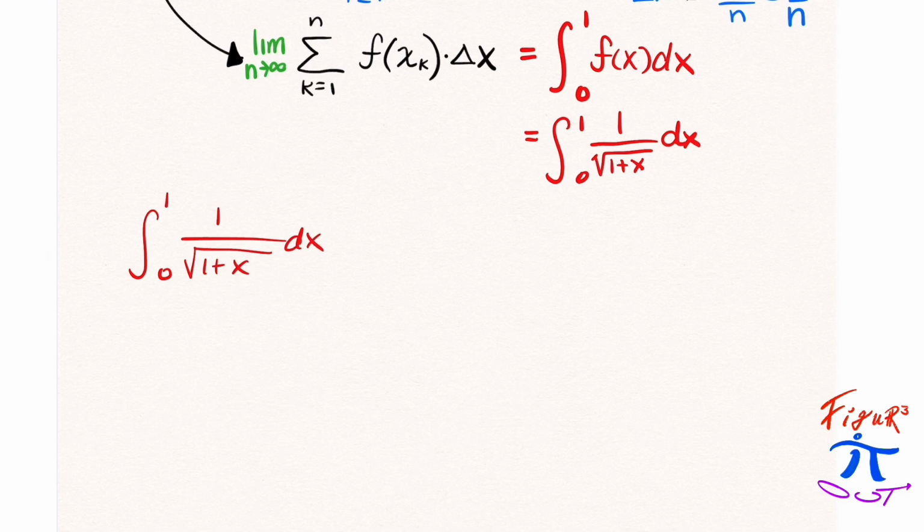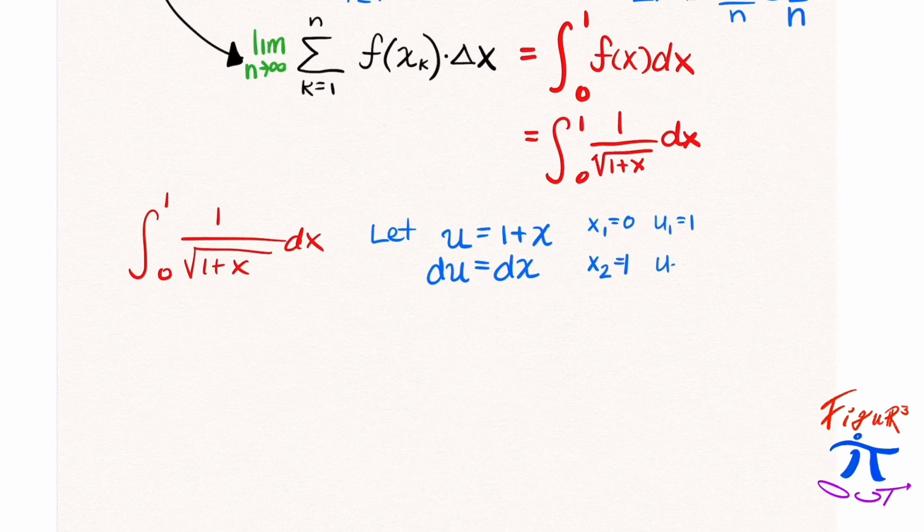Now this integral isn't terribly difficult to do. We'll do it by u substitution, letting u equal 1 plus x, and therefore du is equal to dx. This will slightly change our limits of integration from 0 to 1 to 1 to 2.